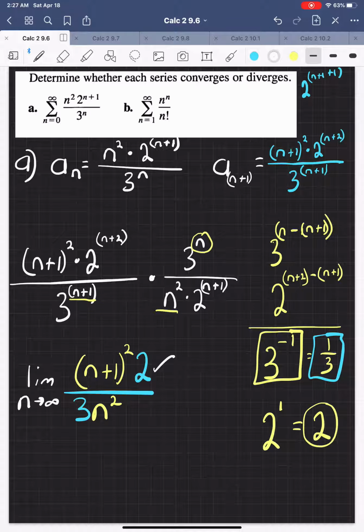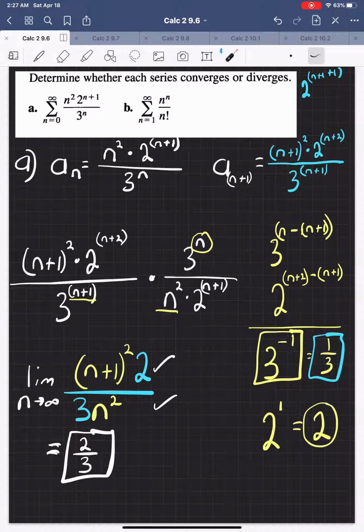But what you would do in this case is you would end up using L'Hopital's rule. So you would take the derivative of the numerator, derivative of the denominator. You might have to use it multiple times. What you will get in the end, and I will let you work through that, is 2/3.